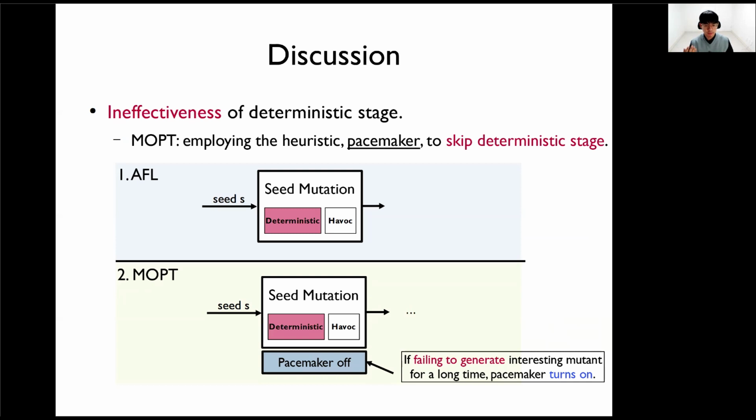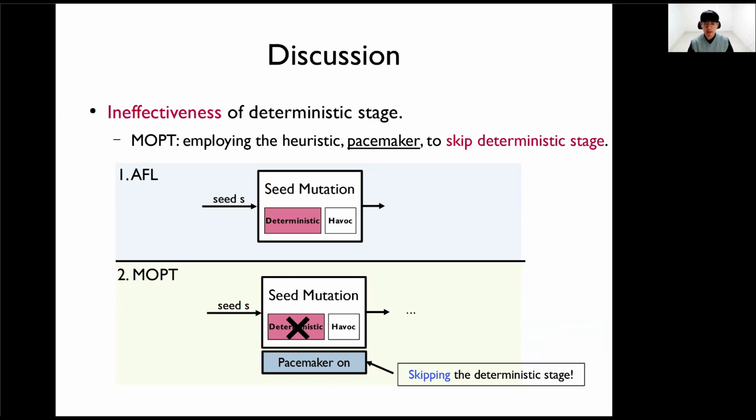However, if it fails to generate interesting mutants for a given time budget set by the users, the pacemaker starts to turn off. Once the pacemaker turns off, MOPT generates mutants only in the havoc stage, because the authors also already know about the ineffectiveness of deterministic stages.